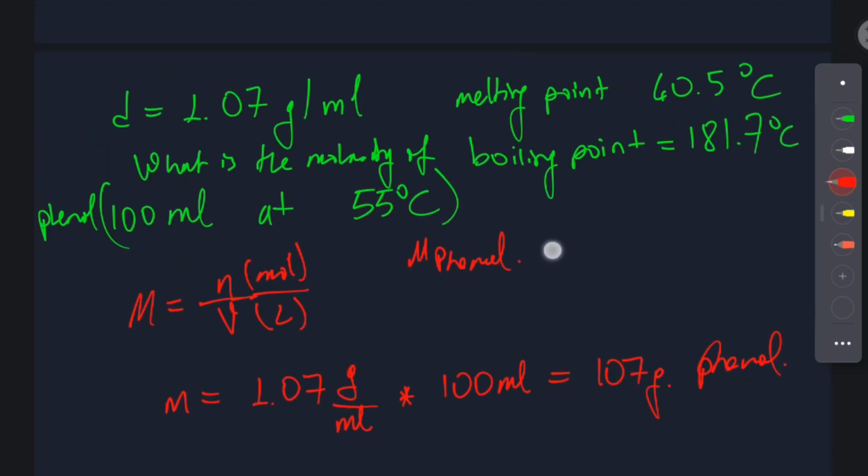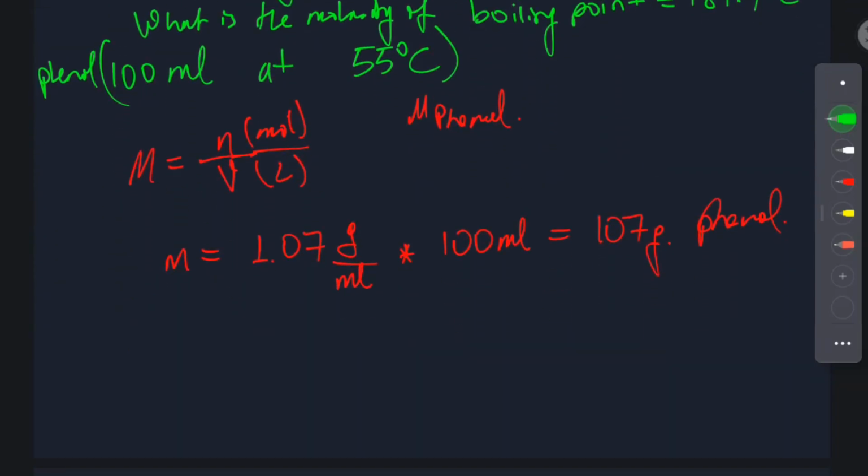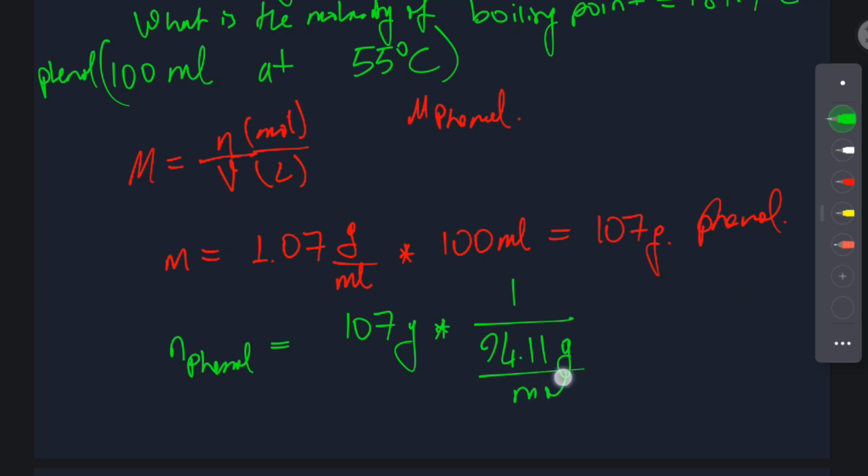So we have to know the molar mass of the phenol, and we have already calculated it, which is 94.11. To calculate the mole of the phenol in our sample, we have to divide it by the molar mass of the phenol, since this is gram and this is the mole.